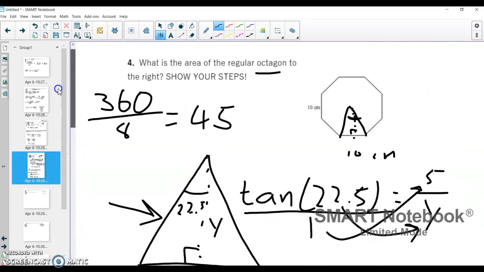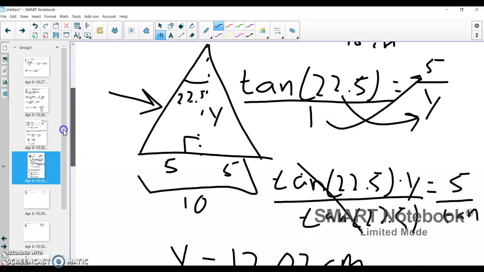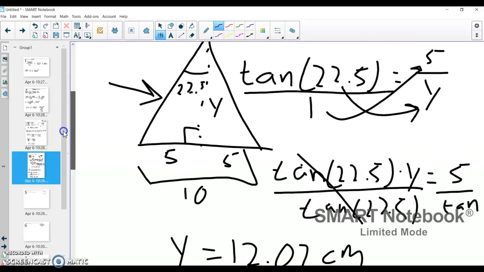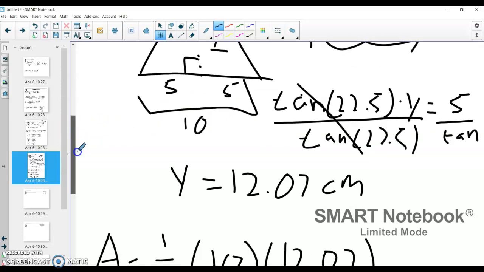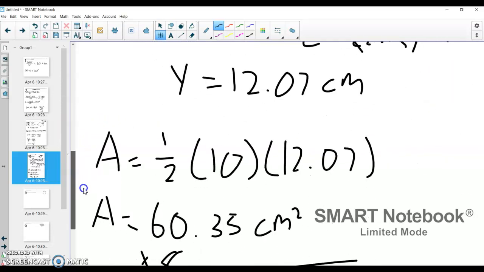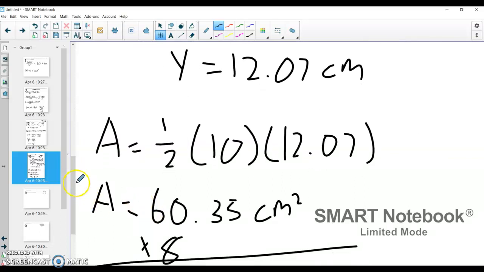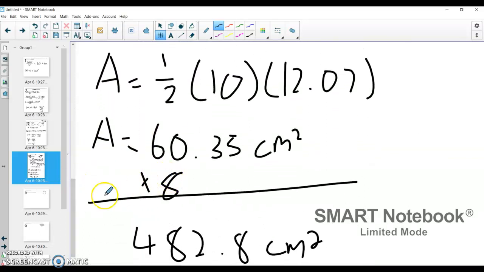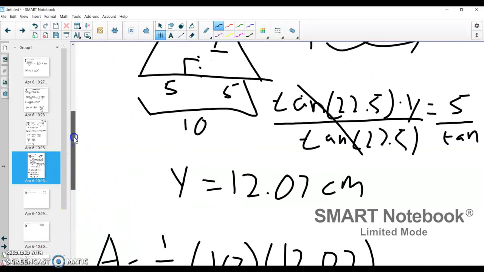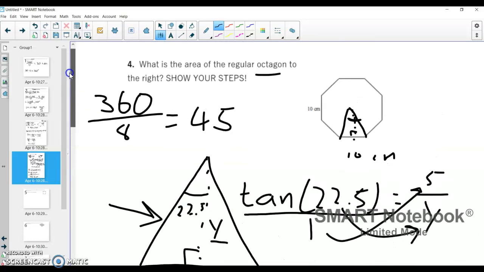Again, this is one of the 3 different types of problems they can give you. This is really not one of the harder ones because all we needed to do was trigonometry to find y, and then we used that as our height and used our equation to find the area of one triangle. Said it was an octagon, so we multiplied it by 8 and found our total area. The things that might screw people up on these, again, is just realizing we turn this into a triangle.